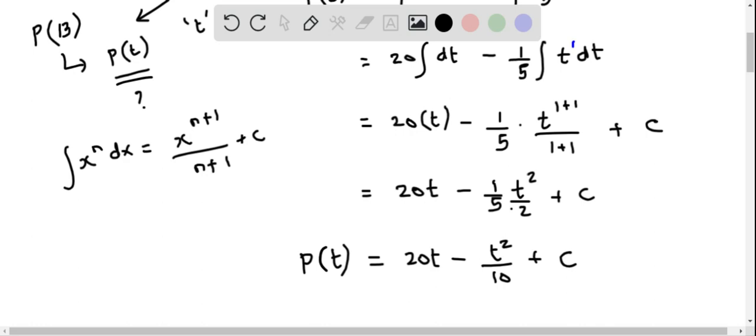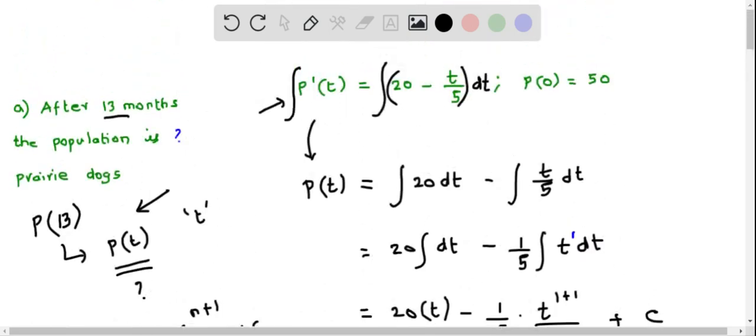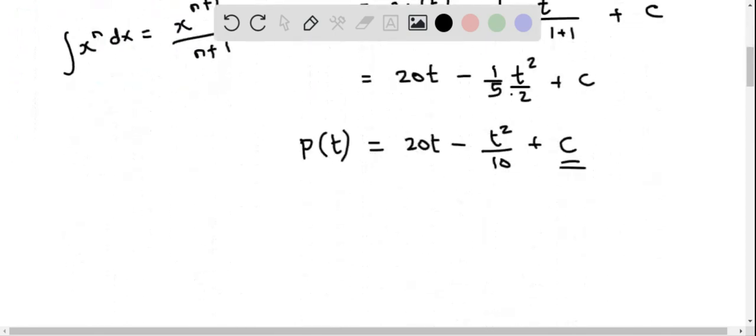So we have this equation, however, we have not yet determined the value of c, that is the integration constant c. For that, we can utilize the initial condition, that is p of 0 equals 50, which means at time t equal to 0, the population is 50. So all that we do is plug in t equal to 0, and then substitute p of 0 equal to 50.